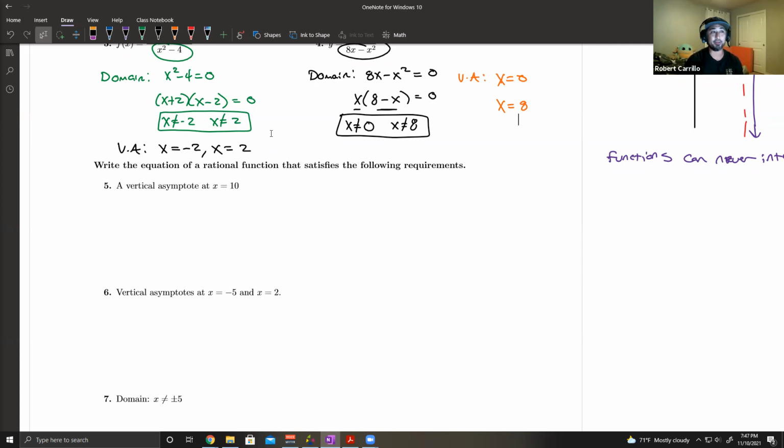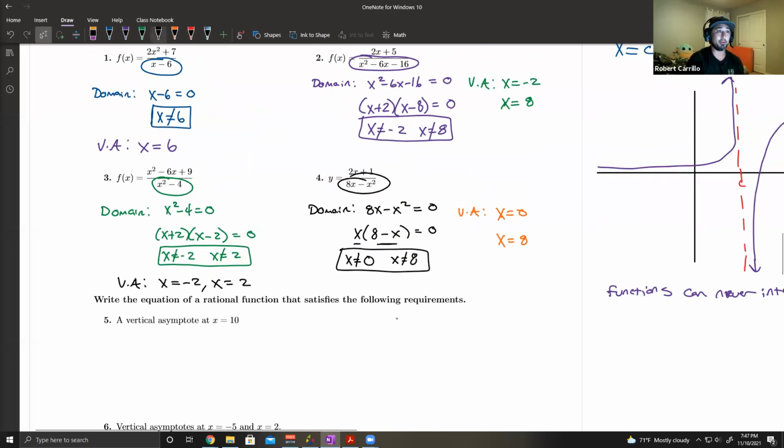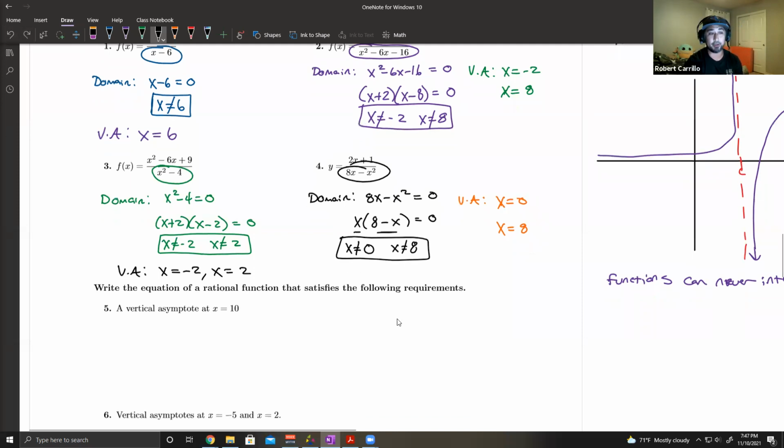What would my denominator be? Remember, when I say work backwards, they're giving us these, which means we work backwards to create a rational function such as that. So if they're giving us a vertical asymptote at x equals 10, what would my denominator be?